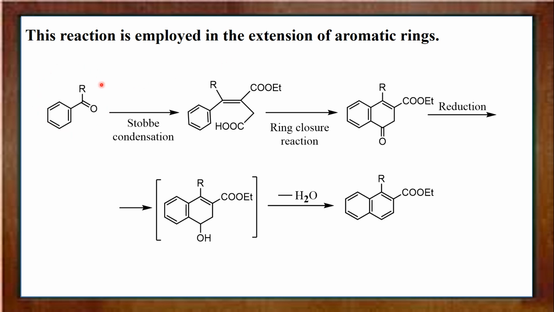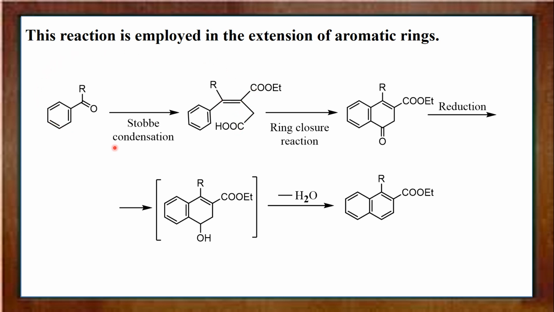An aromatic ketone reacts with diethyl succinate in the presence of a base to give this product. As I said earlier, in this Stobbe condensation a new olefinic bond is generated between the carbonyl carbon of the ketone and the alpha carbon of diethyl succinate.